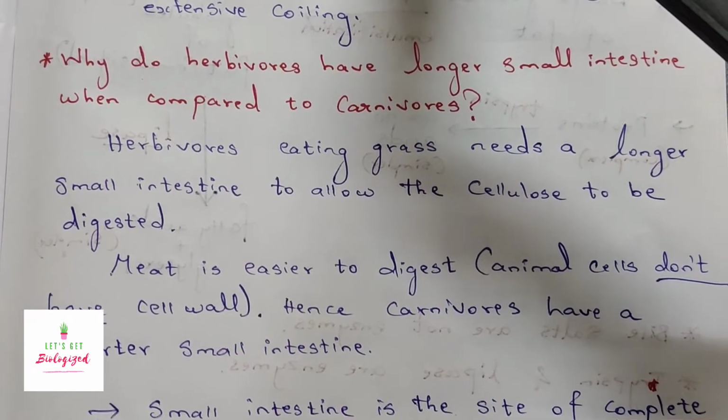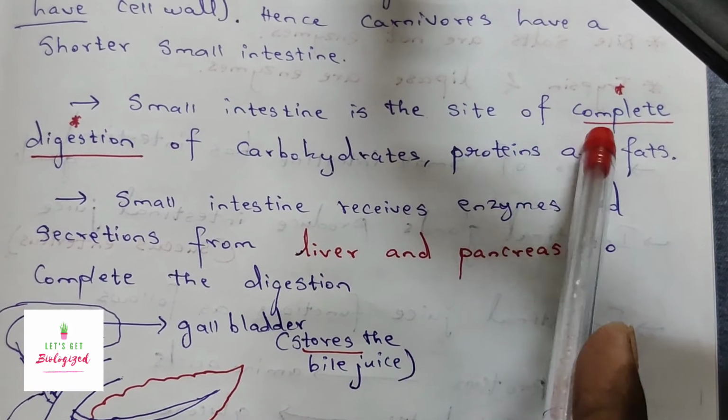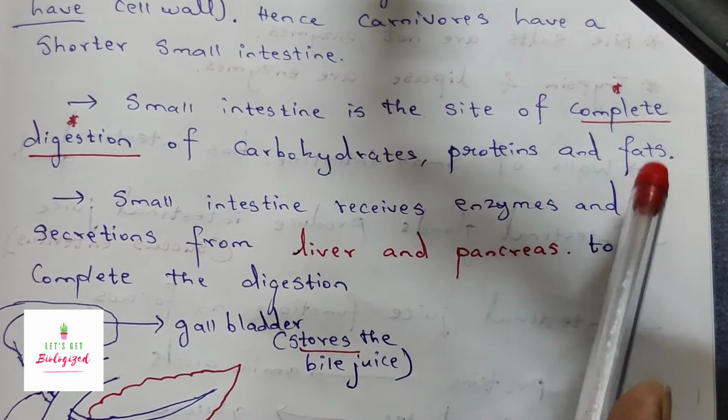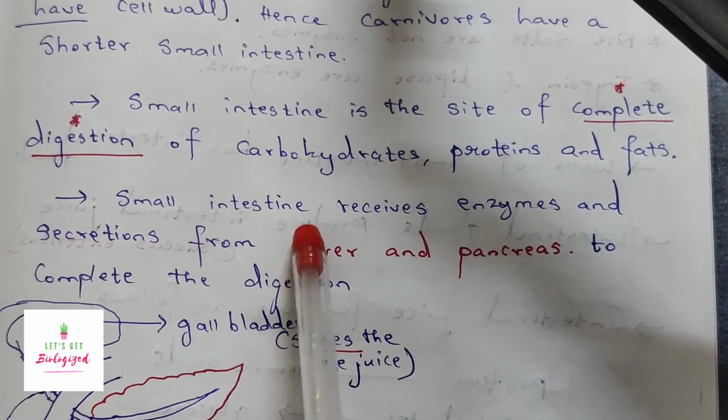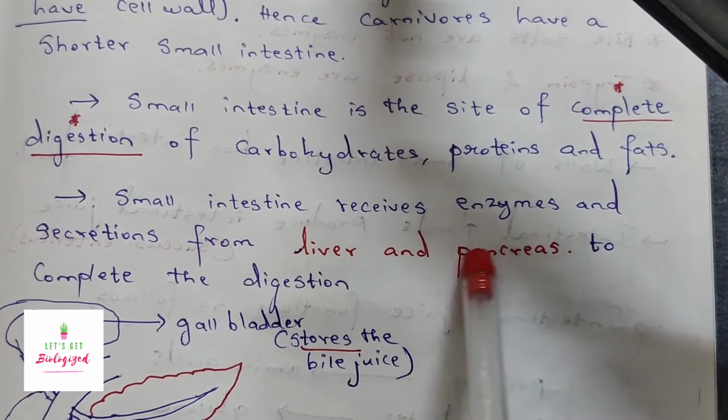The small intestine is the site of complete digestion of carbohydrates, proteins, and fats. It receives enzymes from the accessory digestive glands like the liver and pancreas.